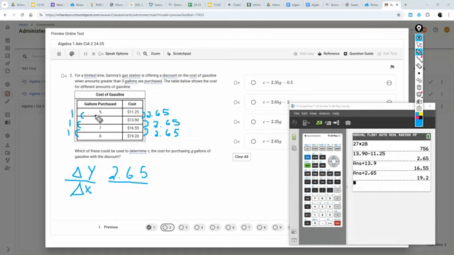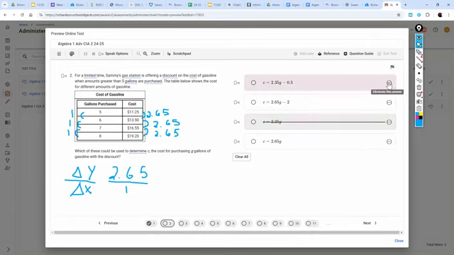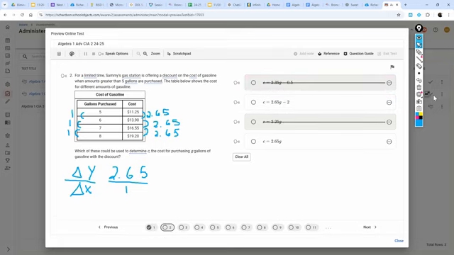So I know my slope is going to be 2.65. So right then, I can cross out this one and this one. Now I got to see, does it have a y-intercept? Okay, and now we can put this in point slope formula, which is what I'm going to do.